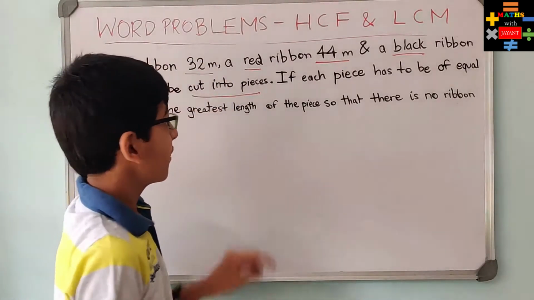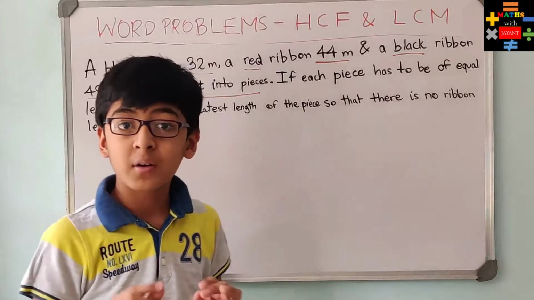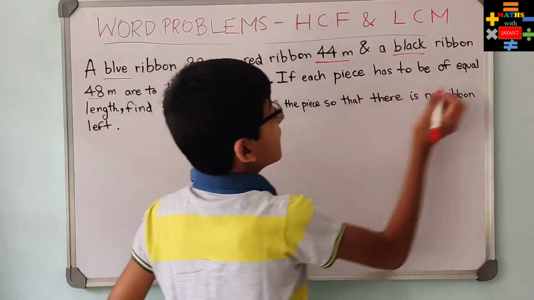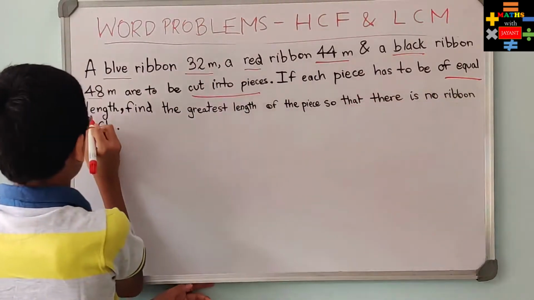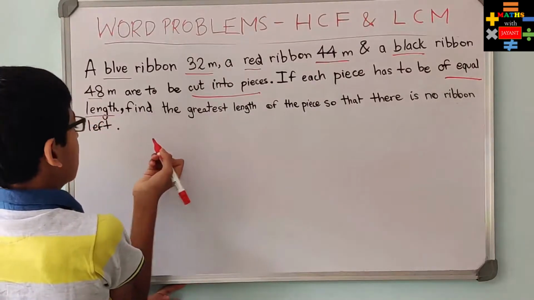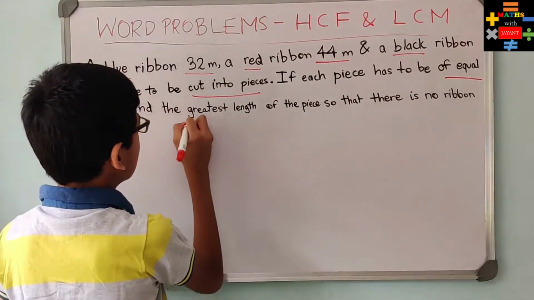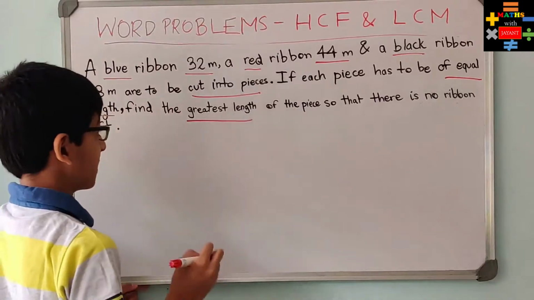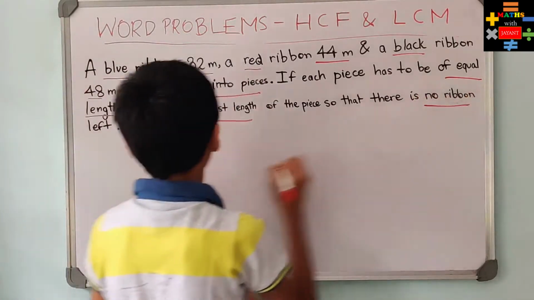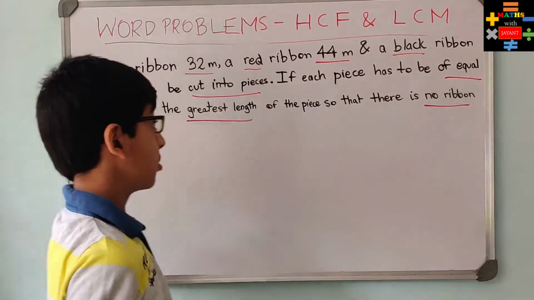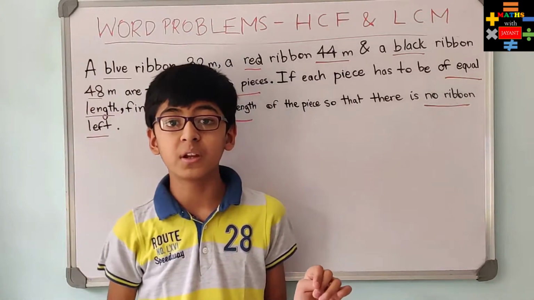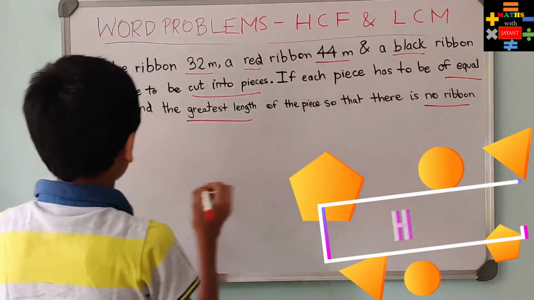All these pieces of blue ribbon, red ribbon, black ribbon have to be of equal length. So we need to find the greatest length of the piece so that there is no ribbon left. So over here also we need to find the HCF.